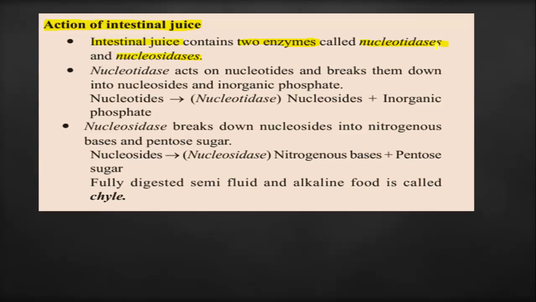They are nucleotidases and nucleosidases. Remember, pancreatic juice contains DNase and RNase, whereas intestinal juice contains nucleotidases and nucleosidases. What is the difference? Nucleotidases act on nucleotides. Just now I used the term deoxyribonucleotides.